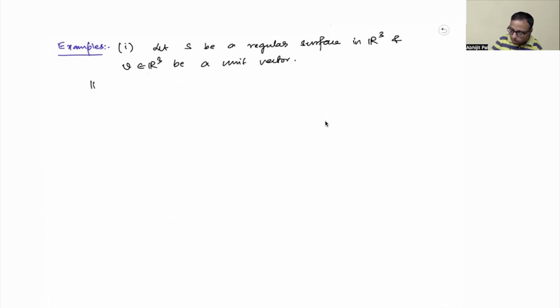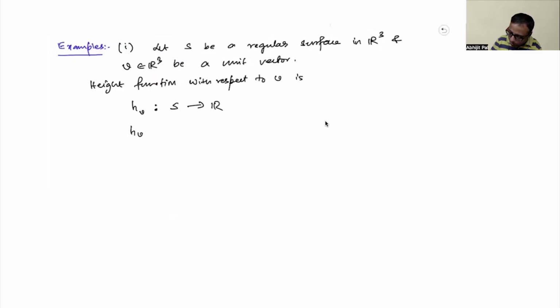The height function with respect to B, which we have already defined earlier, is a map H_B from S to R. It is a real valued map.